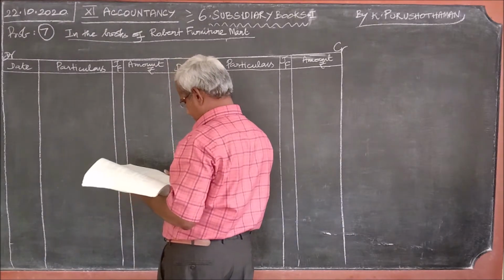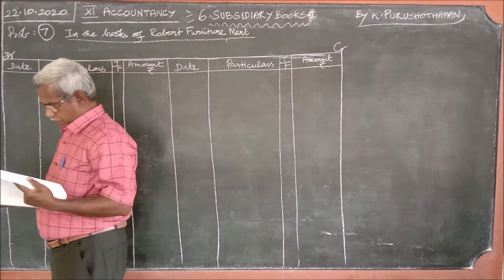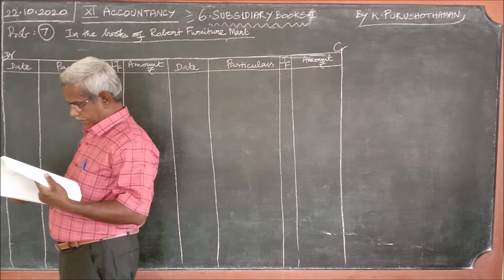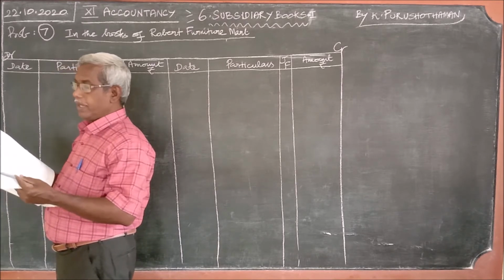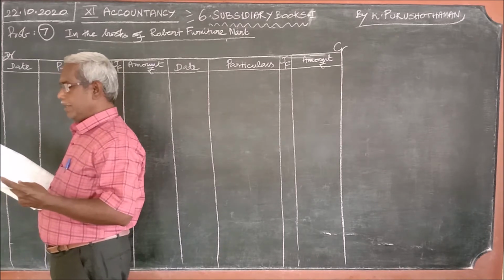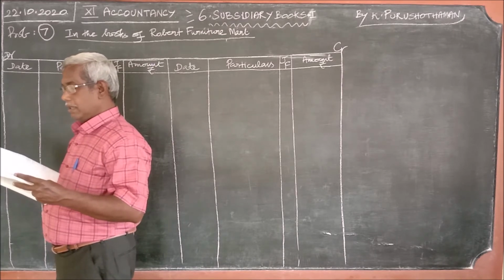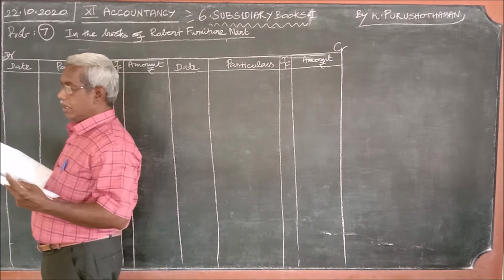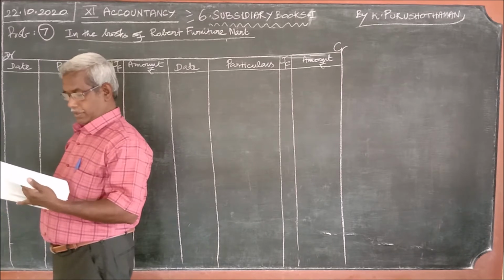In this problem, we will have to prepare the ledgers for Borrowed Traders, Subhash and Co, Sunrise Furniture Mart, and Mauli Traders. For all these four, we should pass entries.